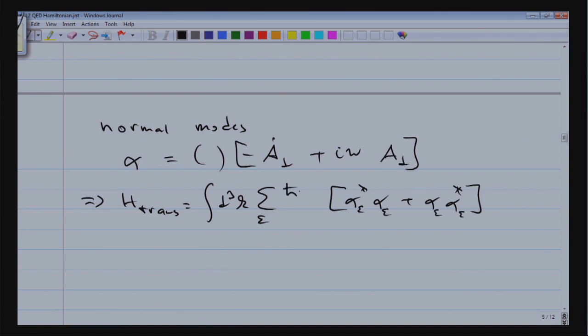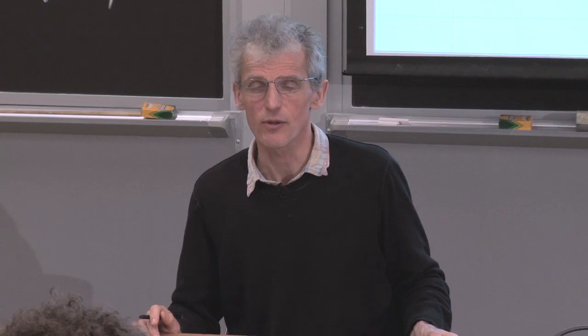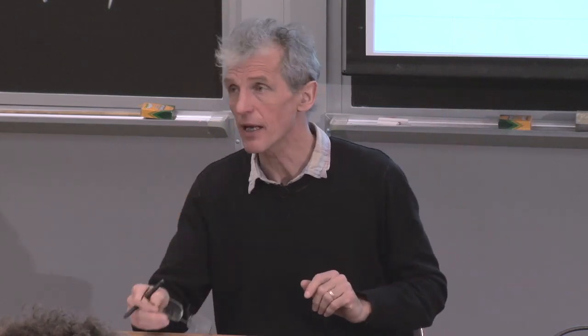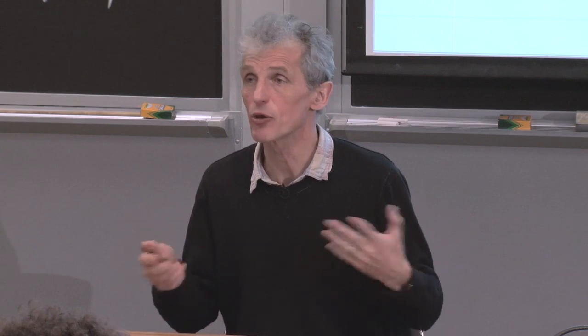And the prefactor is h bar omega over 2. I mean, it looks like quantum mechanics, h bar omega times a dagger a plus 1/2. But this is purely classical. There is no quantization, there is no operator. We've simply defined something new, namely alpha, in terms of the vector potential. So in that sense, if you go back through the derivation, the alphas are nothing else than some elaborate combination of the transverse electric and magnetic field.